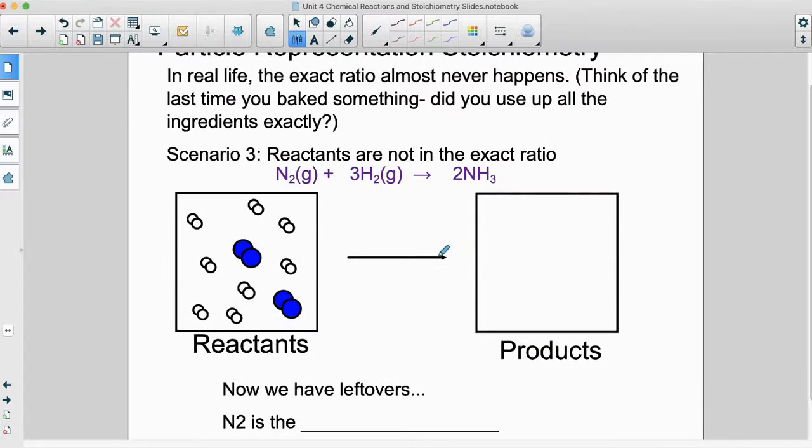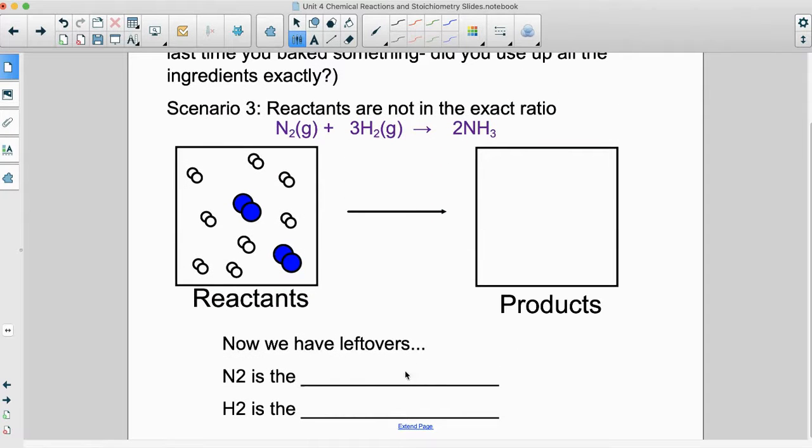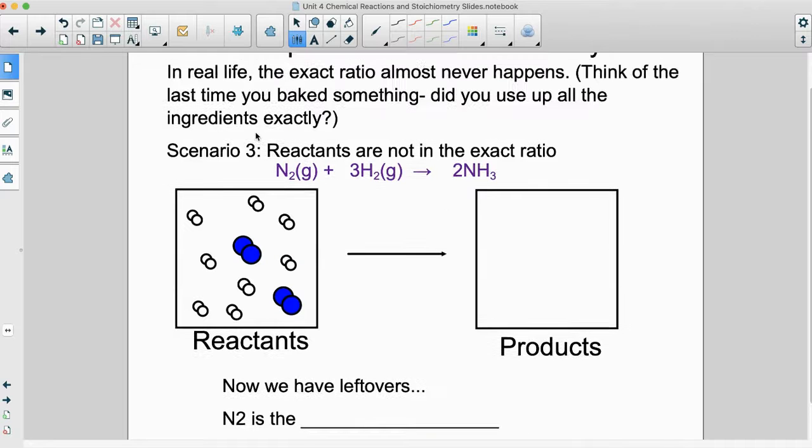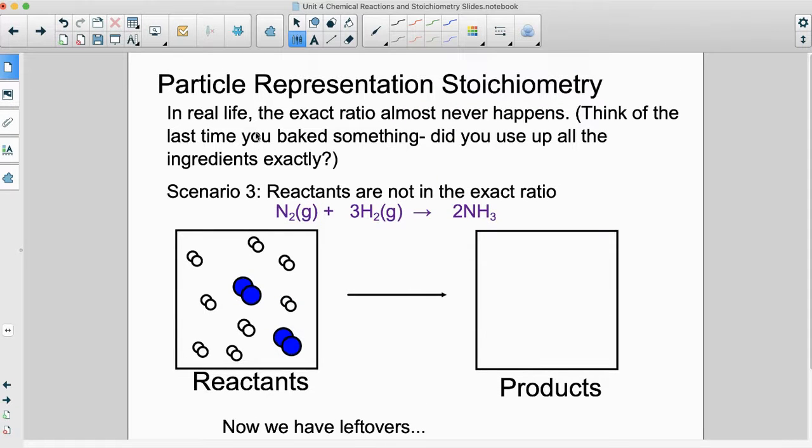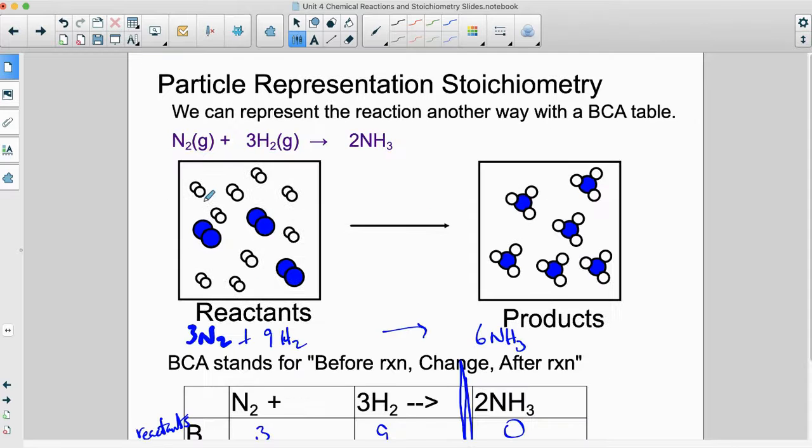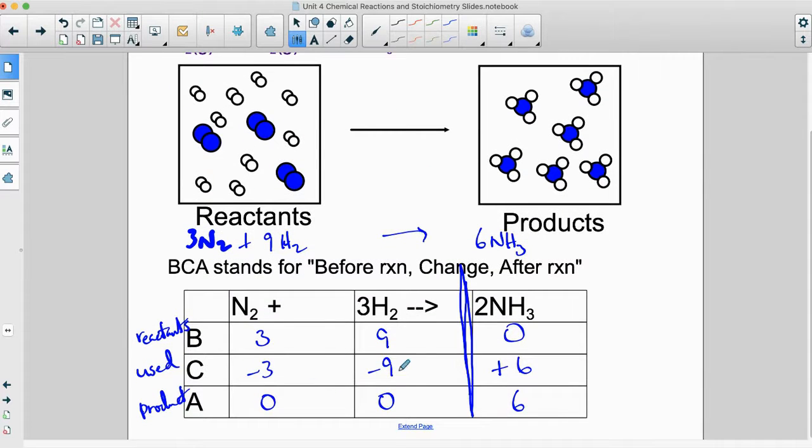Now, I apologize. I should not have picked this ratio for the next one, but here we're still okay. Here in scenario 3, in real life, we don't usually have the exact ratio like this, that exact 1-to-3 ratio so that we don't have any reactants left over.